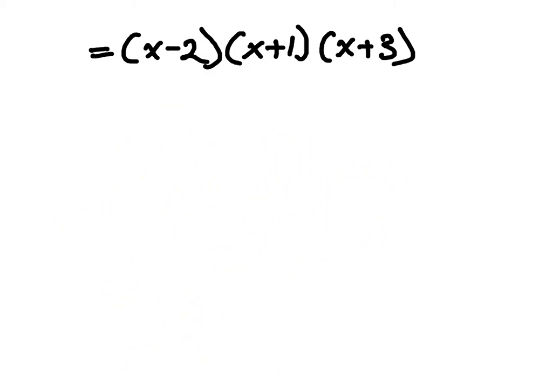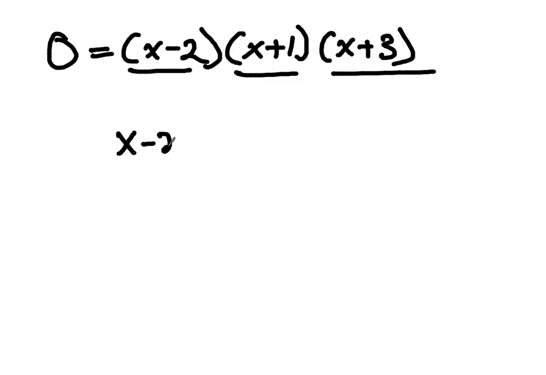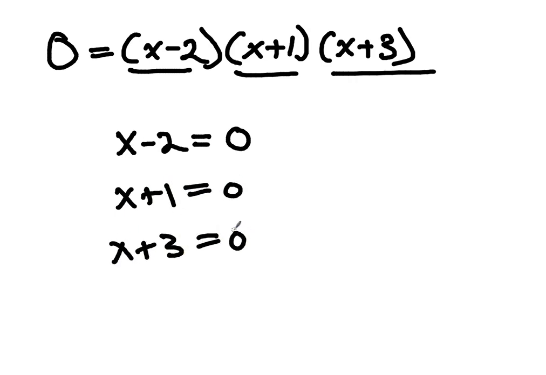So this wasn't the actual graph of that function, that was just a sketch. So if that was 0, then what we learned before, one of these factors has to be 0. The only way you can have 3 things that are multiplied together equaling 0 is if one of them is 0. So that means x minus 2 would make this whole function equal to 0 if x minus 2 was equal to 0, or if x plus 1 was equal to 0, or if x plus 3 was equal to 0.